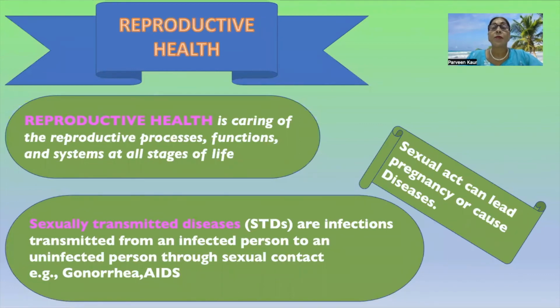Reproductive health. As we take care of our other body systems like the digestive system, excretory system, and circulatory system, we should take care of our reproductive part also.